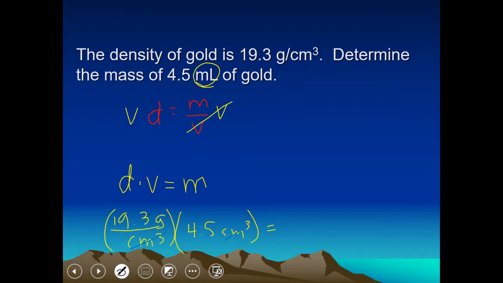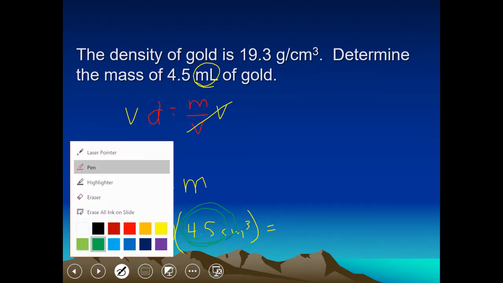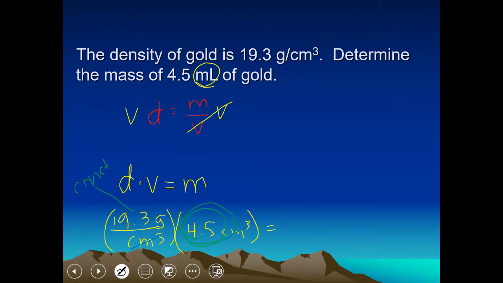And when I multiply that, I got 86.85, but I'm going to round it to 2 significant figures. When you're doing the sig figs, the density is a constant, so you don't want to use that to limit your sig figs. You want to look at this number, and 4.5 has 2 sig figs. So I'm going to take that 86.85 and round it to 87, and grams is the unit.